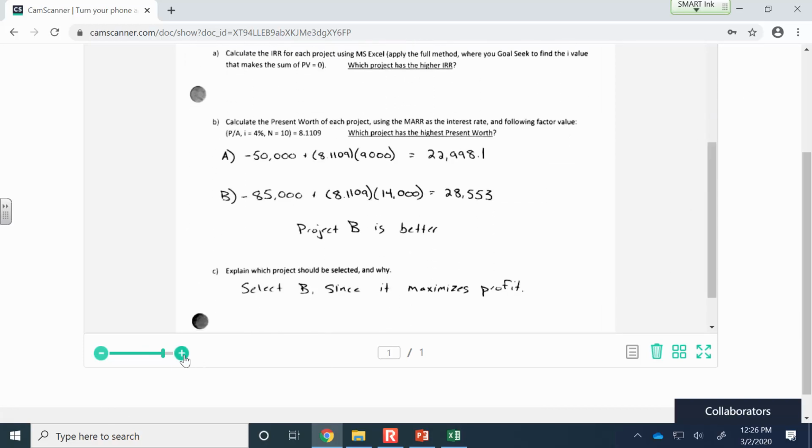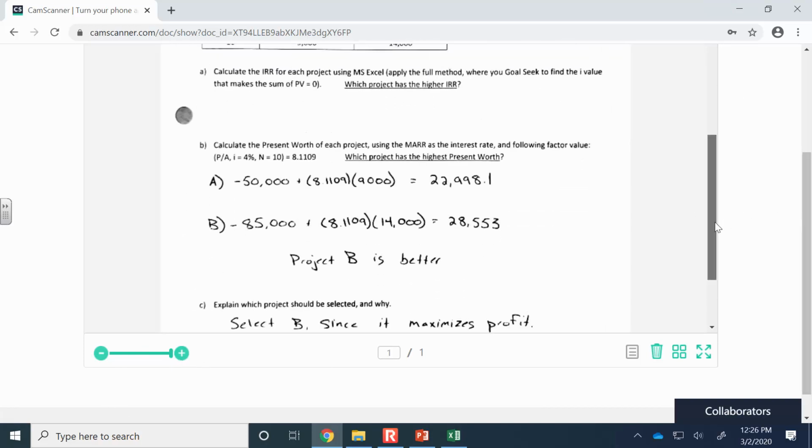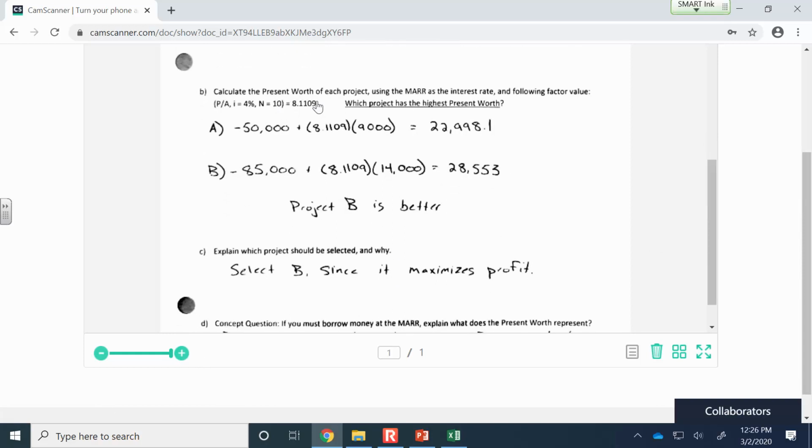All right, so I gave you the factor of 8.1109. So that's the ratio of P to A. So if we're finding the present worth of both projects, the present worth of project A is going to be its initial cost of $50,000, and then we want to find the present worth of the revenues.